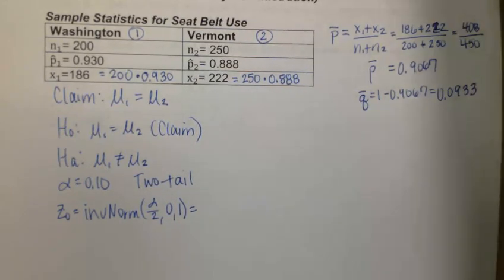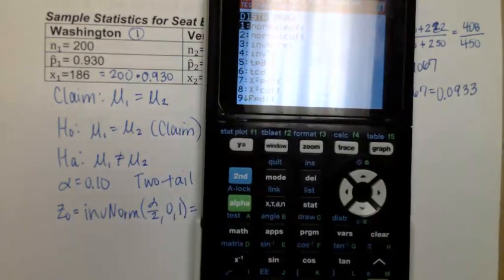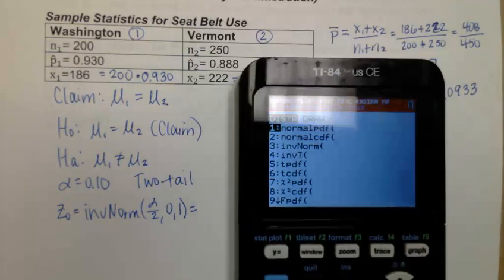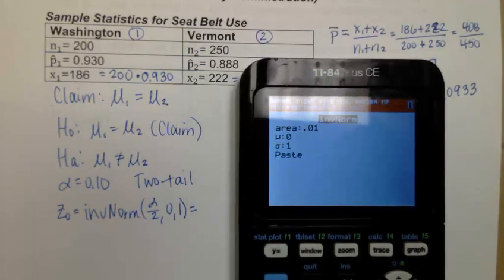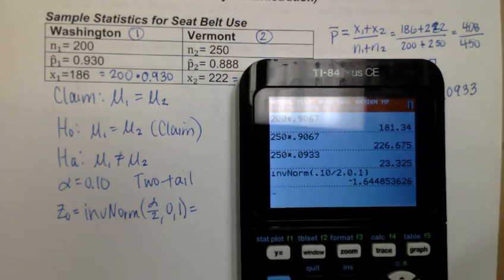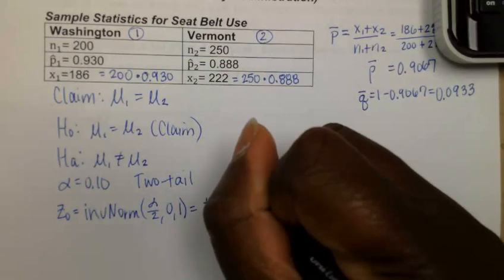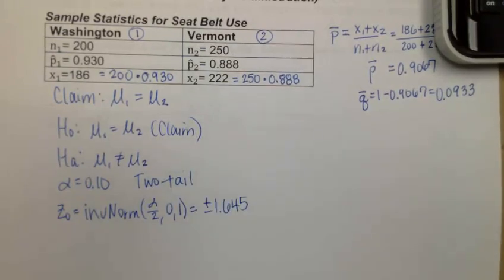Or use second VARS, inverse norm, dividing by 2 because it's two-tail. So that's a negative and a positive.